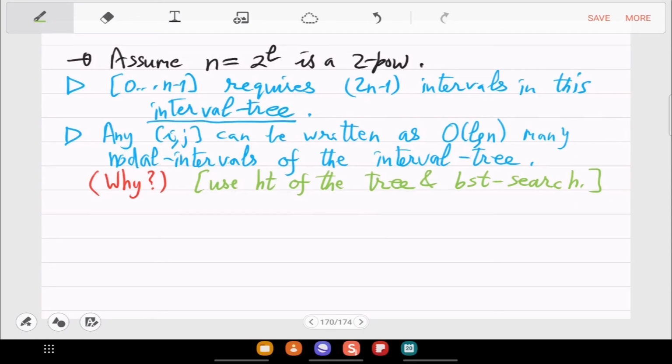So that is the important augmentation that we have done. And right now we haven't even looked at the integers in the array. Right? This is simply for the indices 0 to n minus 1. The integers now we have to put somewhere.